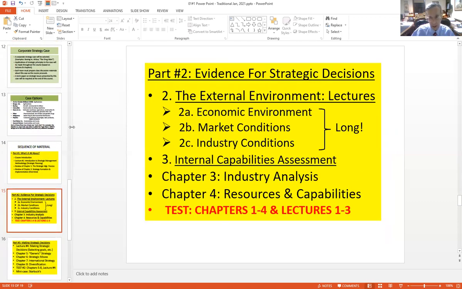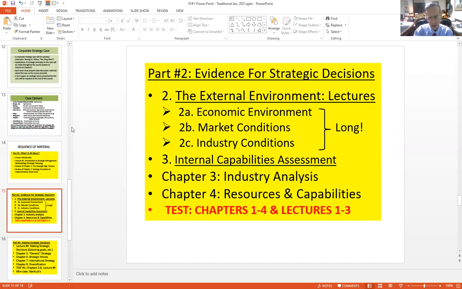Here we are then in part 2. In part 2, we gather evidence with which to make strategic decisions. I've written papers about these topics and lamented the fact that when we train strategic planners and strategic managers, we really don't get into that external environment enough. We don't get into it in textbooks, with the exception of industry conditions where there is some attention paid to it.